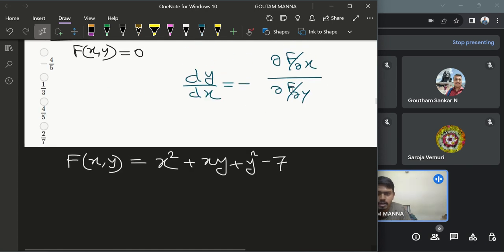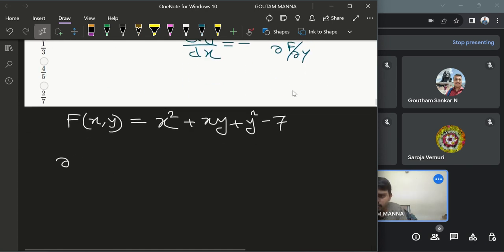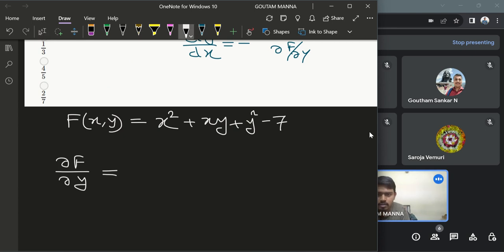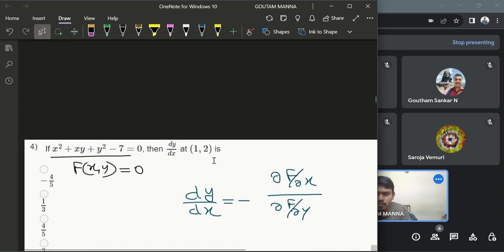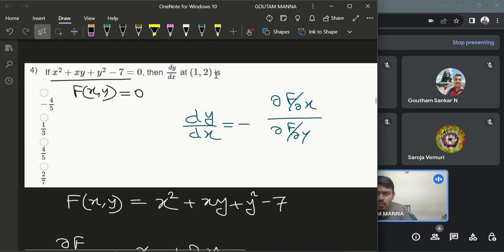So we first calculate del f del y. Del f del y equals to, treat x as a constant, then derivative of first term is 0, derivative of second term is x only, derivative of third term is 2y, and the last one is 0. We have to find out dy dx at 1, 2.